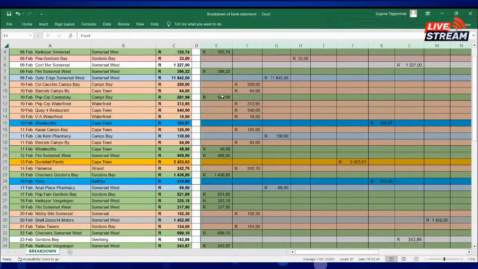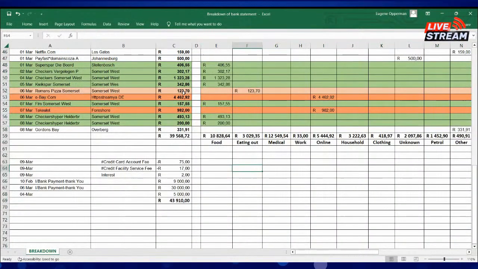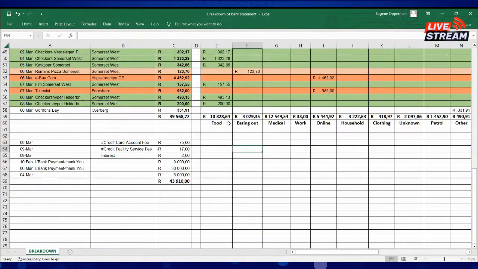And then I get to the totals, and I can see that, okay, right, you know what, an amount of 10,800 Rand was spent during that specific month. It was spent on food. There was an amount of 3,000 Rand used by eating out. There was 12,000 Rand on medical.